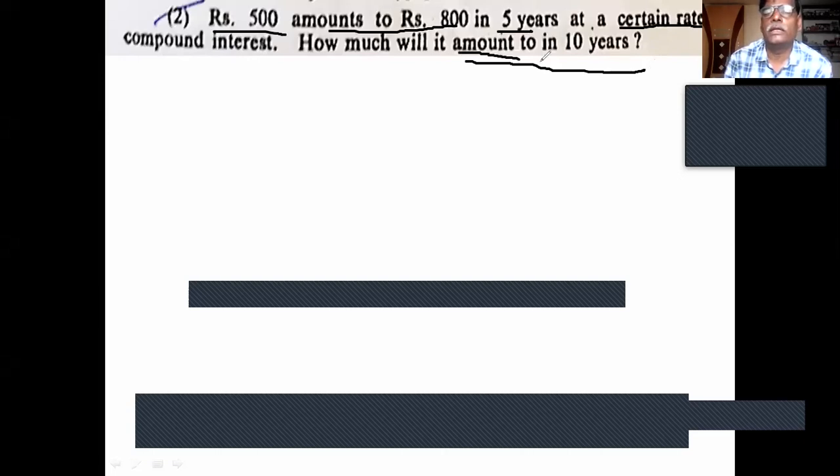First, you have to calculate the rate of interest, taking information from the first sentence. And in the second step, you calculate the amount at the end of 10 years.